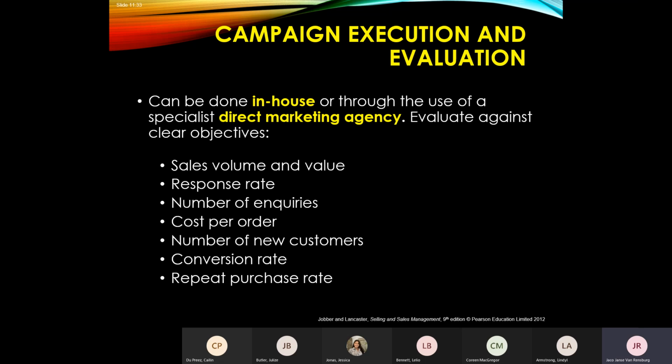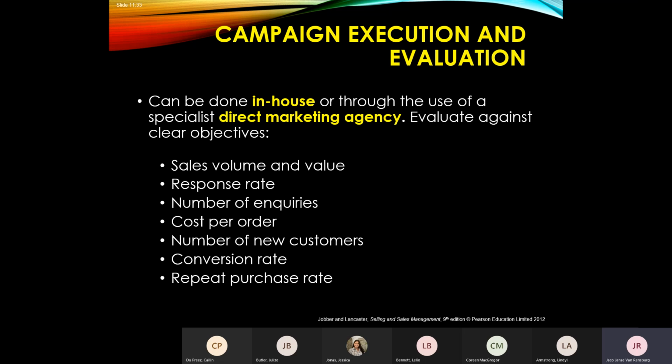The objectives that you will evaluate it against would depend on what your intention was initially. Was this whole direct marketing campaign focused on or attempting to increase your sales volumes?